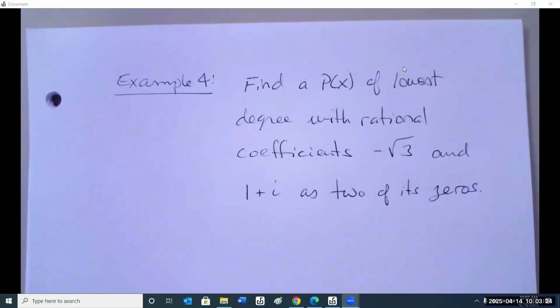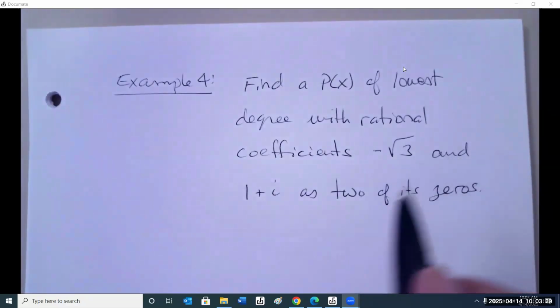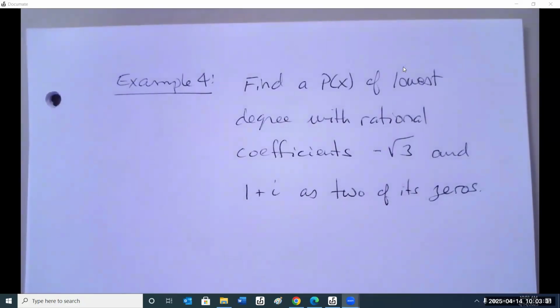Find the polynomial of lowest degree with rational coefficients with negative radical 3 and 1 plus i as two of its zeros.